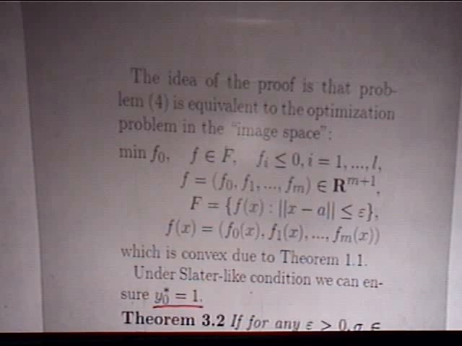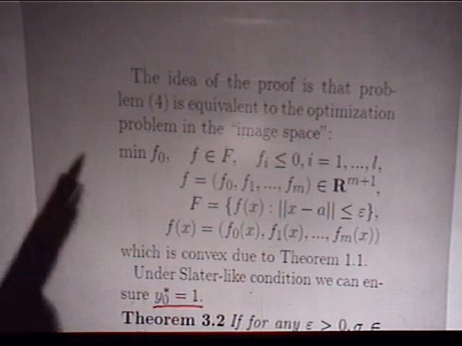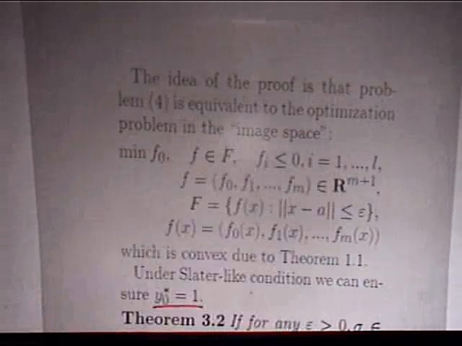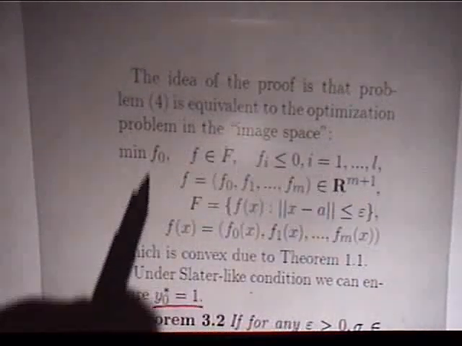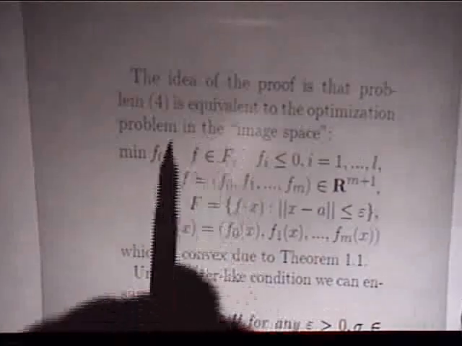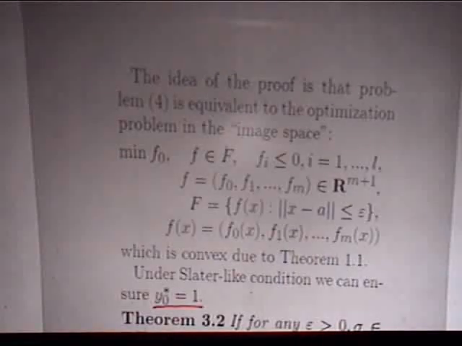And then our initial minimization problem can be rewritten in the form of minimization of the first coordinate of a vector subject to the constraint that our vector belongs to this set F and non-negativity of some other components of the vector.